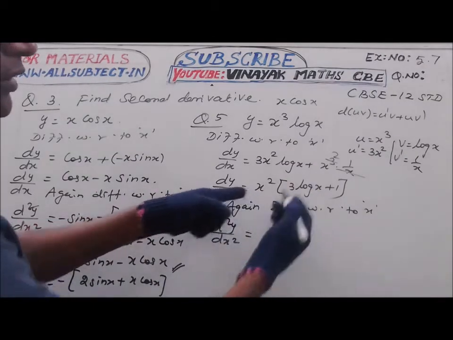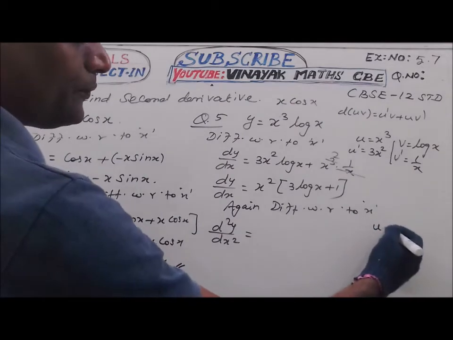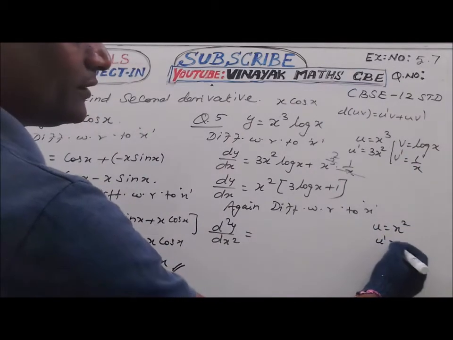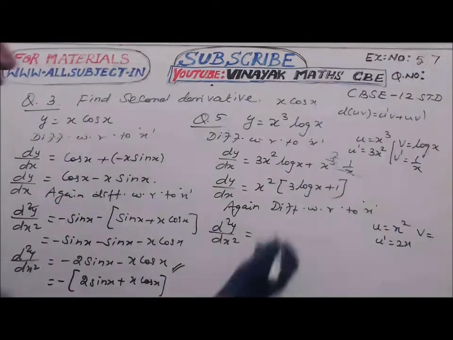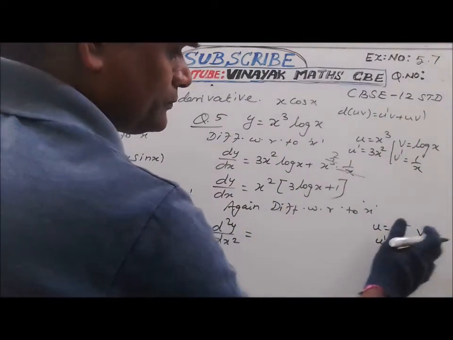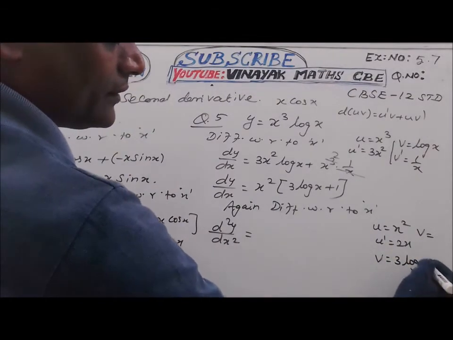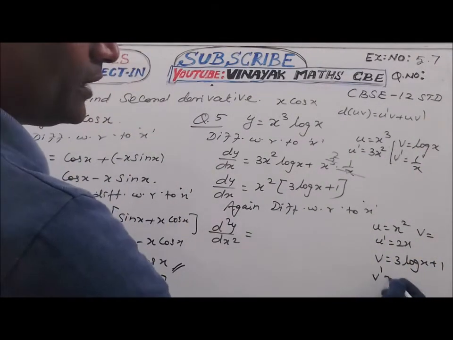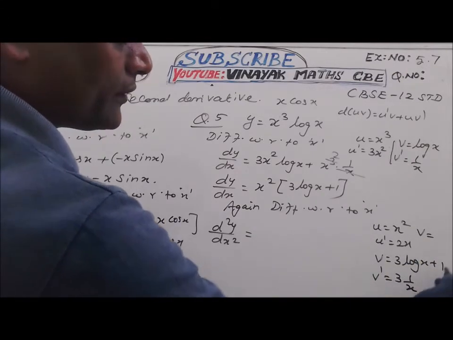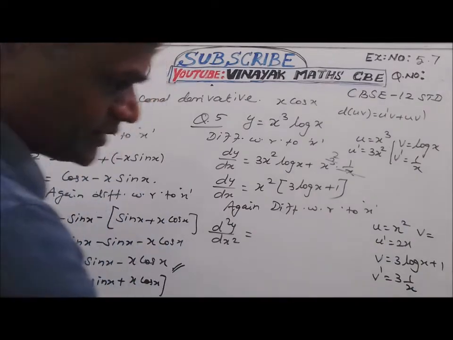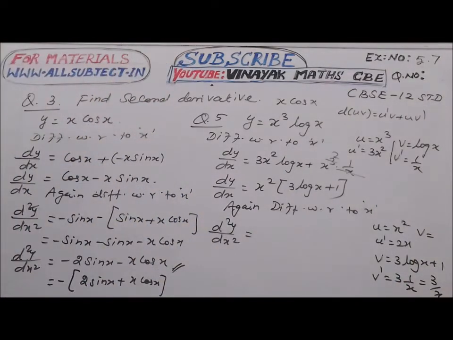Now here we have two terms, one is u, another one is v. u equal to x square, so u dash is equal to 2x, and v equal to 3 log x plus 1, which implies v dash is equal to 3 into derivative of log x, which is 1 by x, and derivative of constant is 0. So simply we have v dash is 3 by x.